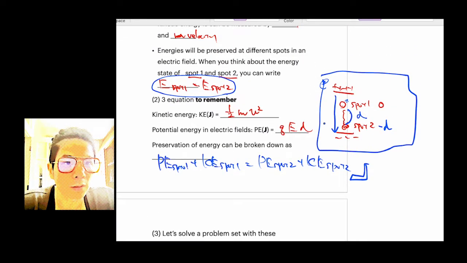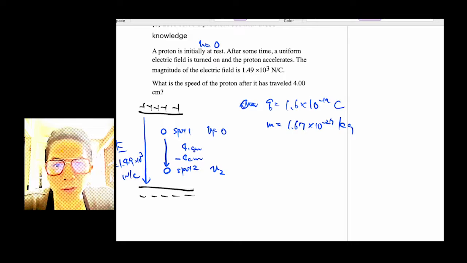Remember that the distance is always opposite to the direction of the electric field when you want to apply this equation. So this is negative 4 centimeters, which means negative 0.04 meter.